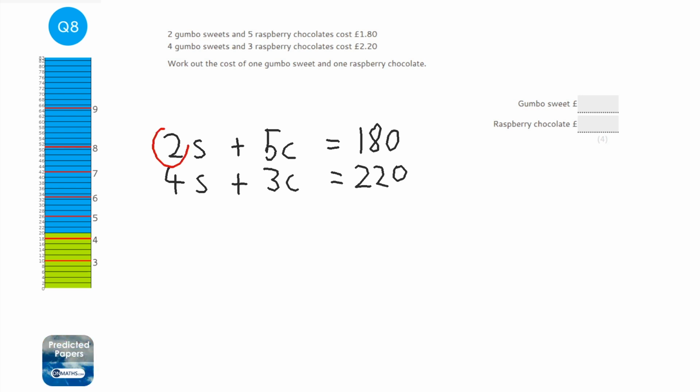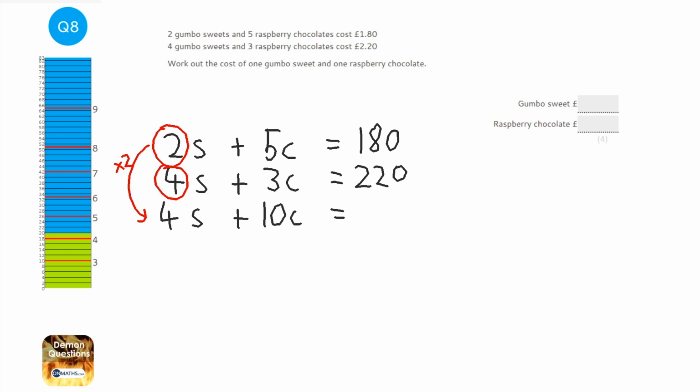But if I look at the S, that's 2 and that's 4, so all I need to do is times everything in this first one by 2, and it would get these S's the same. So I'm going to times 5C by 2, and I'm going to times the 180 by 2, which would be 360.